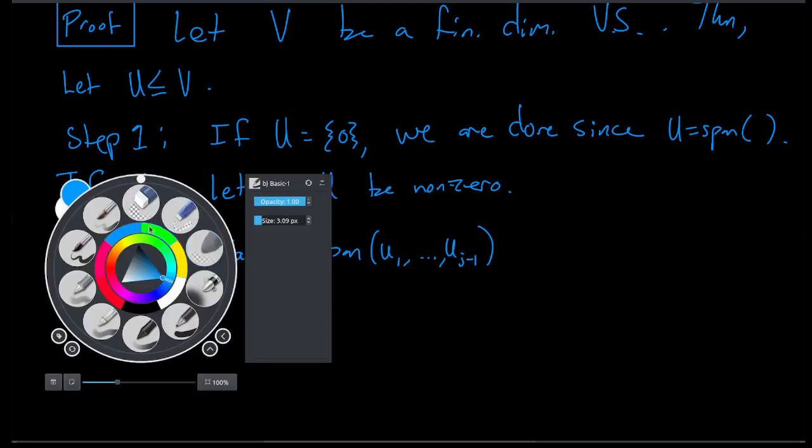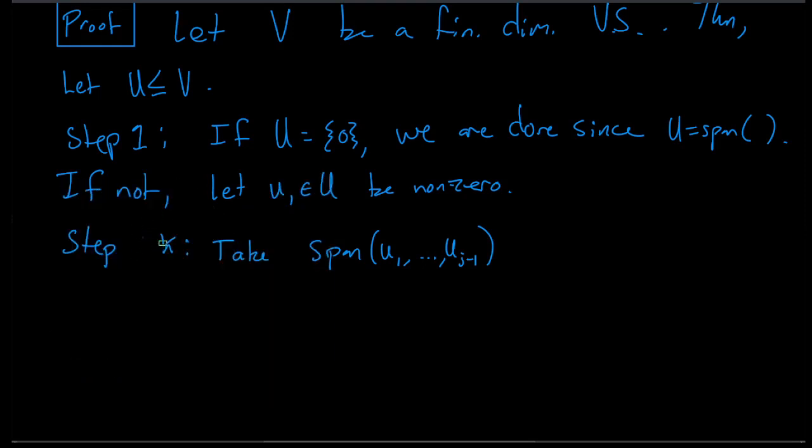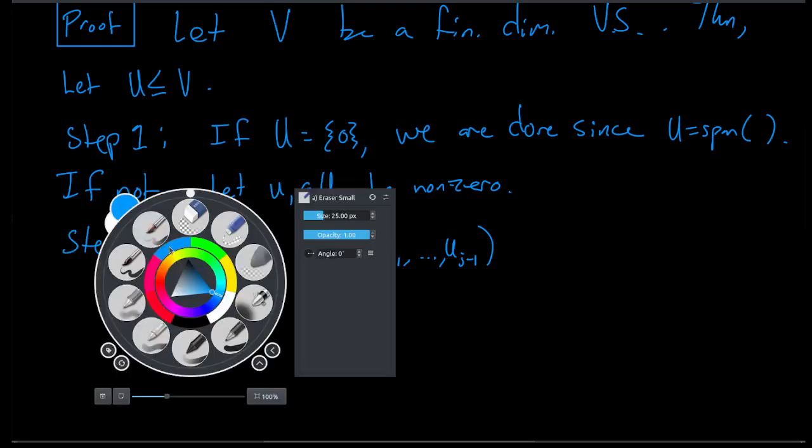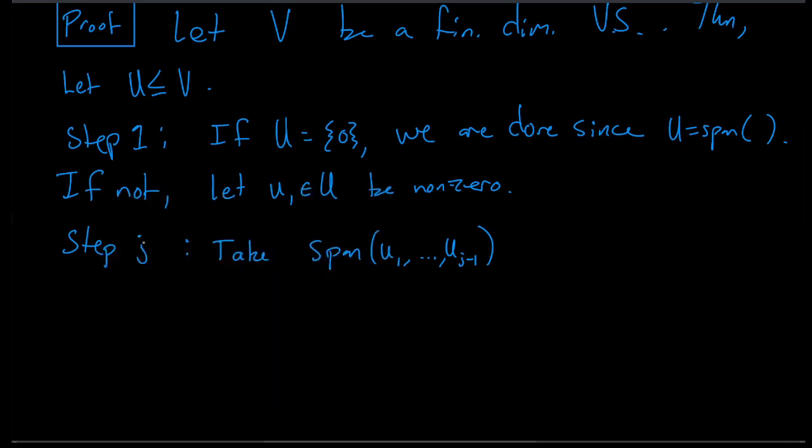Instead of saying step 2 through k, I'll say step j for j in 2 through some k. So we'll take the span of u1 through u j minus 1. In the case of step 2, this would just be the span of u1, right?